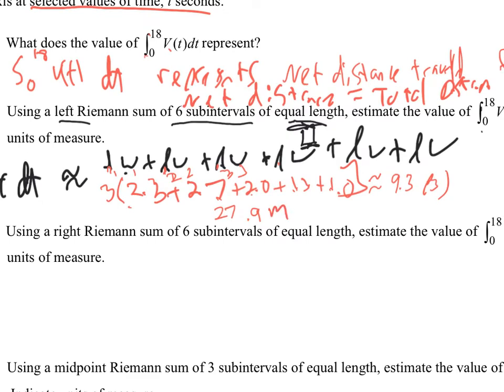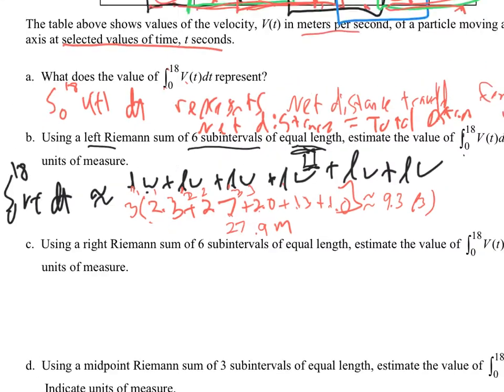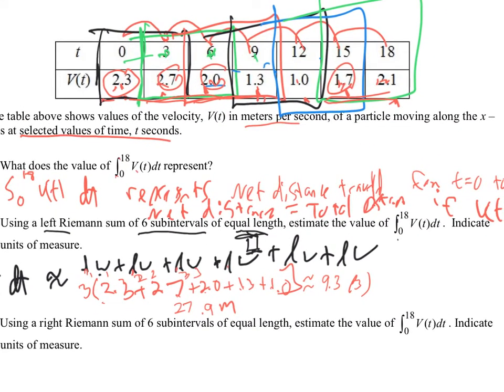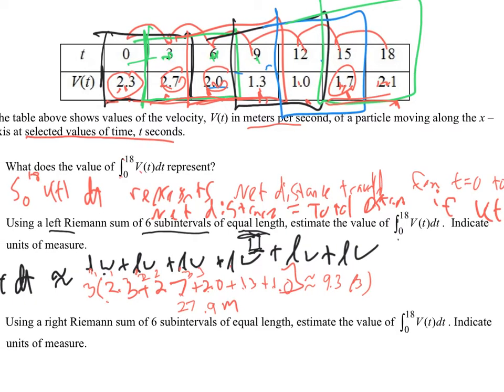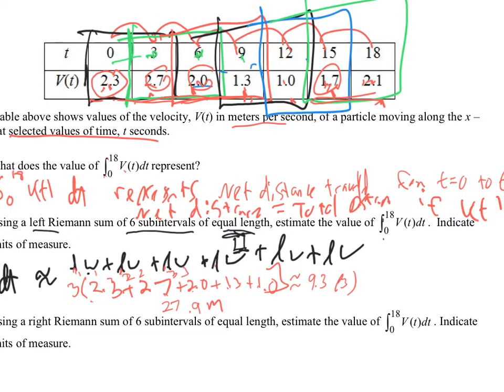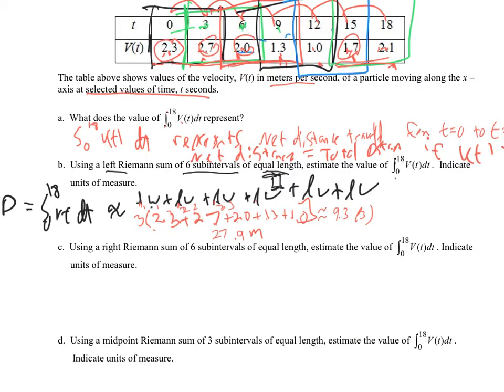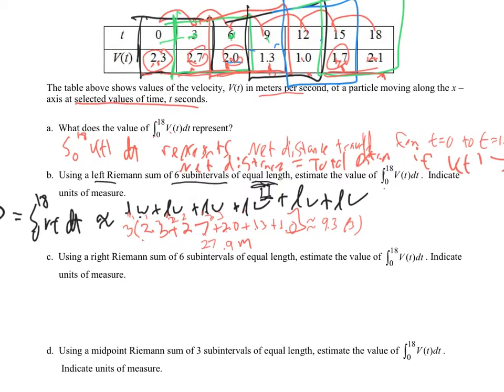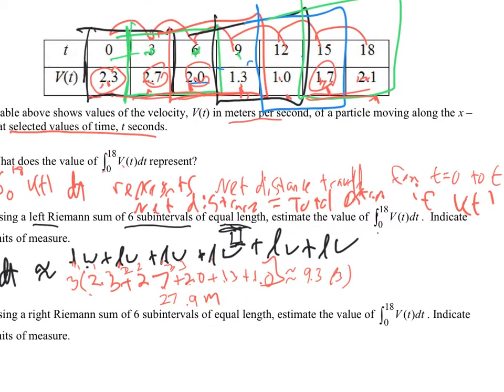Let me know if I'm right. 2.3, 2.3, 2.7, 4, 5, 6, 7, 8. Oh, no. Let's see. 2.3 is 4. That's 5, 6, 7. That's 8.